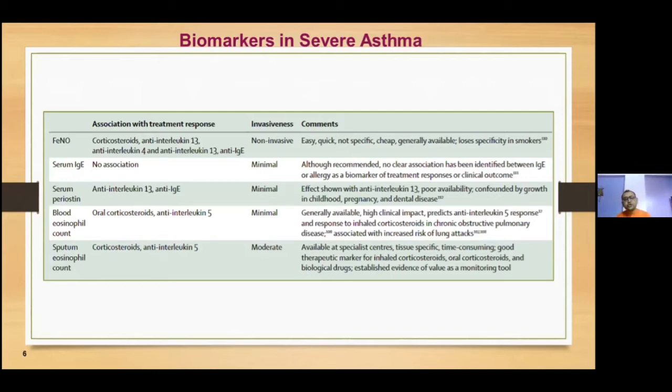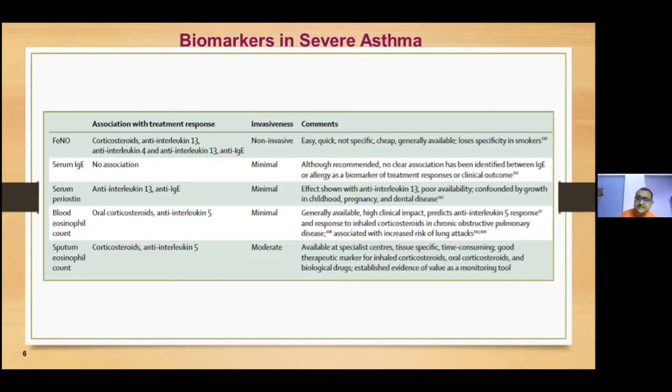Baseline blood eosinophil count is being used as a biomarker to predict the clinical efficacy of anti-IL-5 therapy in patients with severe eosinophilic asthma and with a history of exacerbation. Also, the total serum Ig level has been used as a response biomarker for the use of the anti-Ig antibody omalizumab in the treatment of severe allergic asthma.